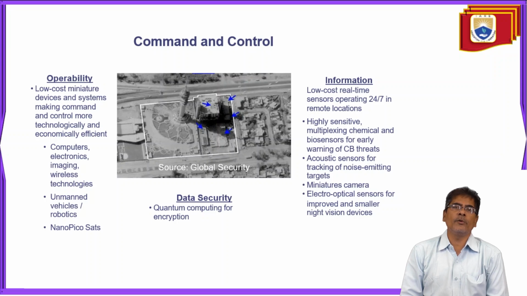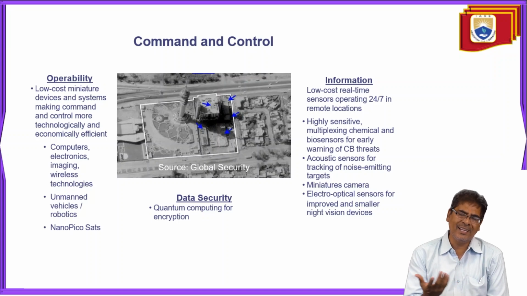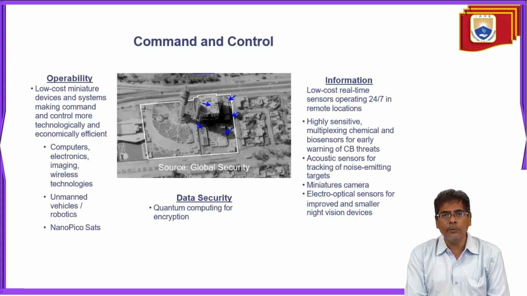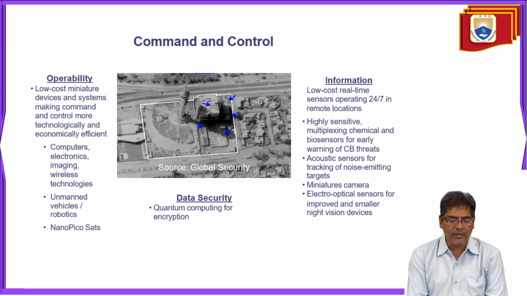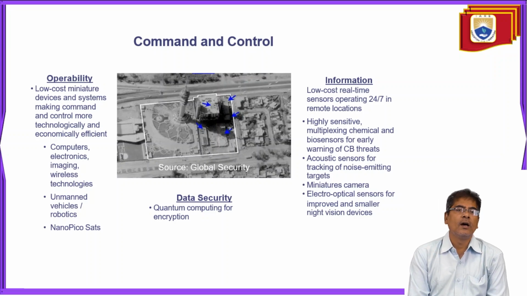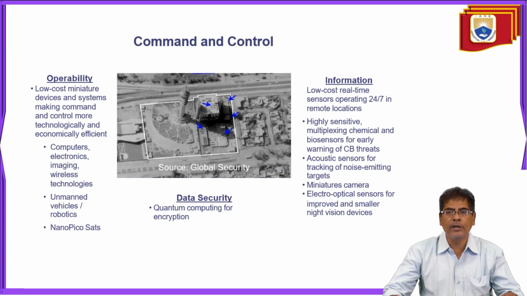When we speak about command and control, we need to first focus on the operability and the information, right? When we speak about operability, low-cost miniature devices and systems make command and control more technologically and economically efficient. For that, we use computers, electronics, imaging, wireless technologies, unmanned vehicles or robots, or nano picosats, right?